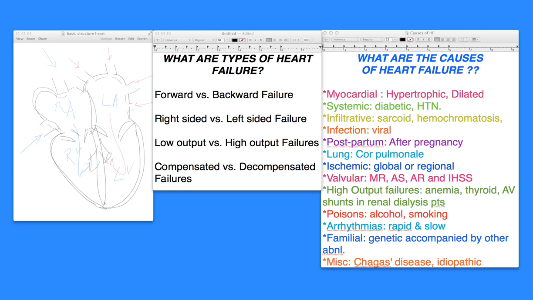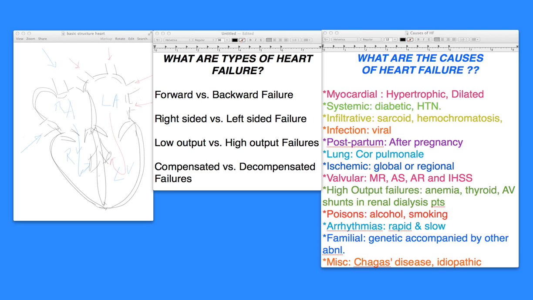If it's not, the failure to send it forwards will be an obstructive pattern, like in mitral stenosis, for instance, where the mitral valve fails to open and is very narrow. That would be a forward failure, but also a backward failure in a way. So these are very different terms people have used, again, to define the types of heart failure one is encountering.